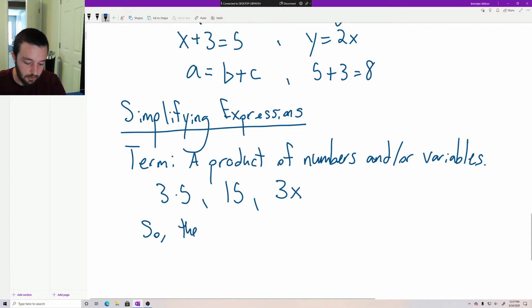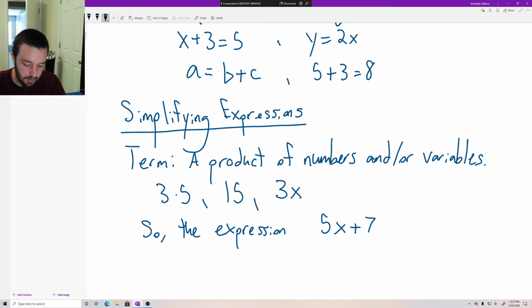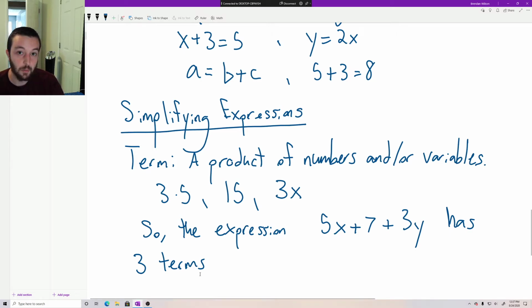So the expression 5x plus 7 plus 3y has 3 terms. You have the 5x part, the 7 part, and the 3y part.